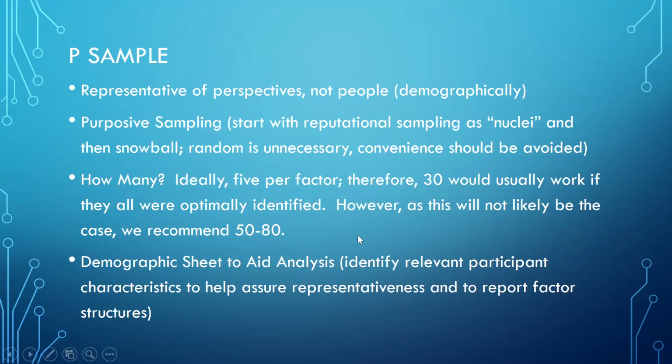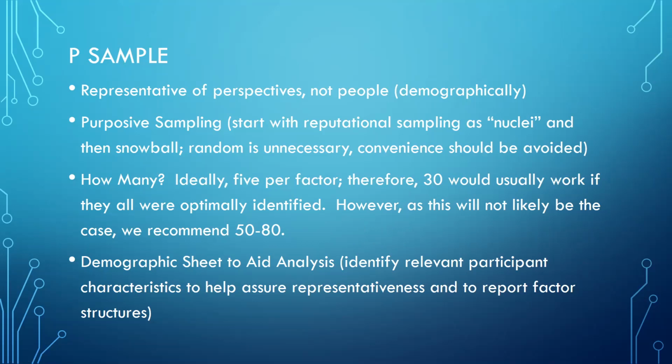So ideally, there's conversation about how many people. Five per factor is kind of a general tossed around number. So if you have 40 to 60 statements, you really want to have about 30 participants or more. 30 participants is a good amount for 40 statements.